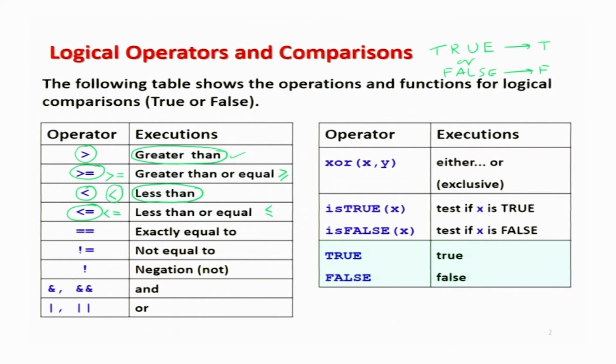Now, if I write 3 equal to 2, this is wrong. But if I write 2 equal to 2, this is correct. So what are we trying to do here? We are actually comparing the numbers on the left and right hand side of this equality sign.